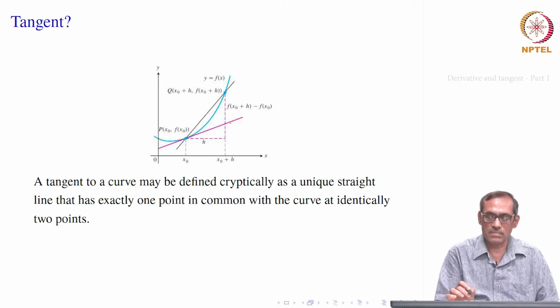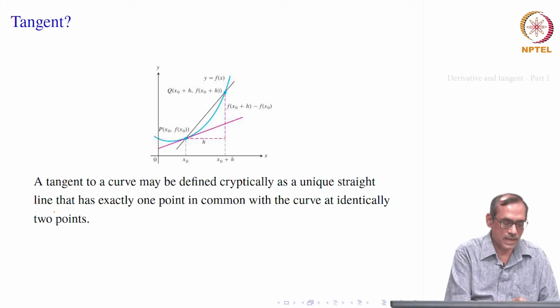But there are some critical cases. So, taking that into account, we may think of a tangent to a curve as a unique straight line that has exactly one point in common with the curve, counted as identically 2 points. So, that is the critical matter here. What do I mean by identically 2 points?